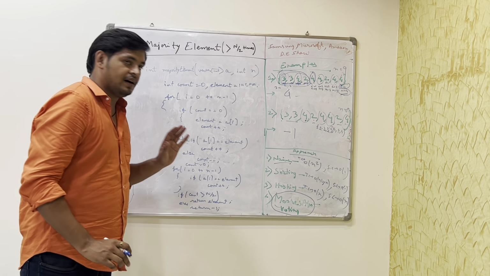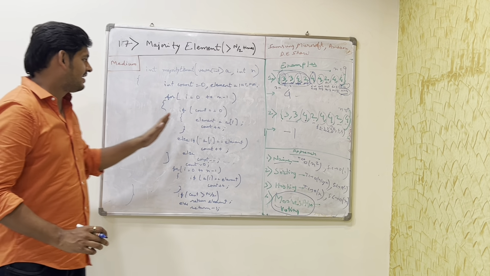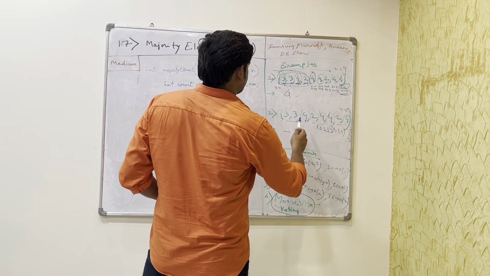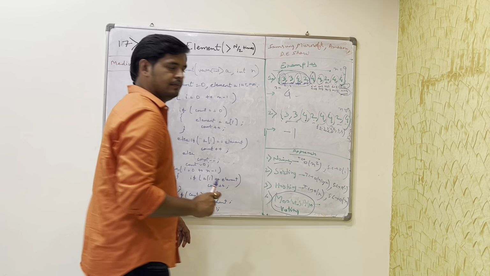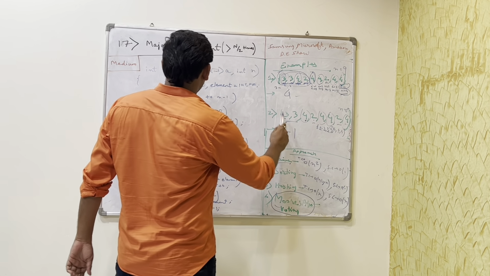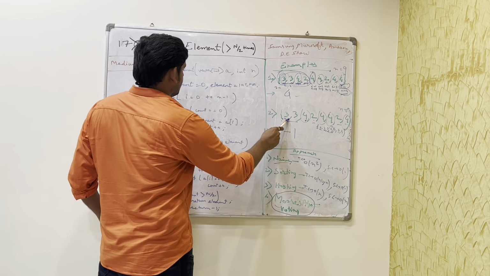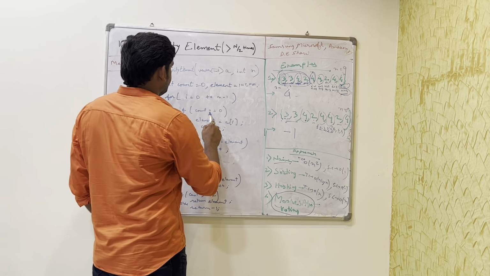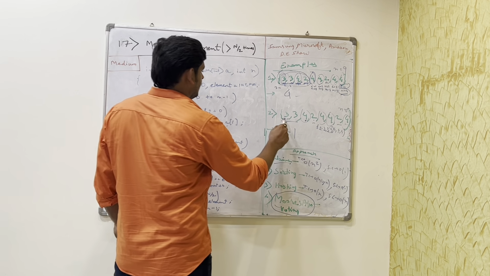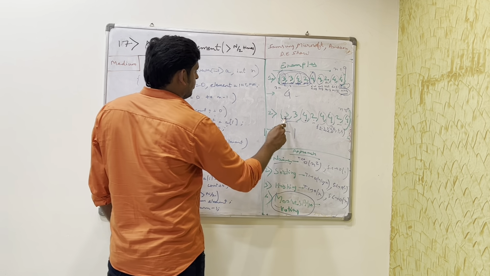So let me try to run this code for this example. Okay, so we start. The count is 0 in the beginning, so our majority element becomes 3, and count becomes 1.